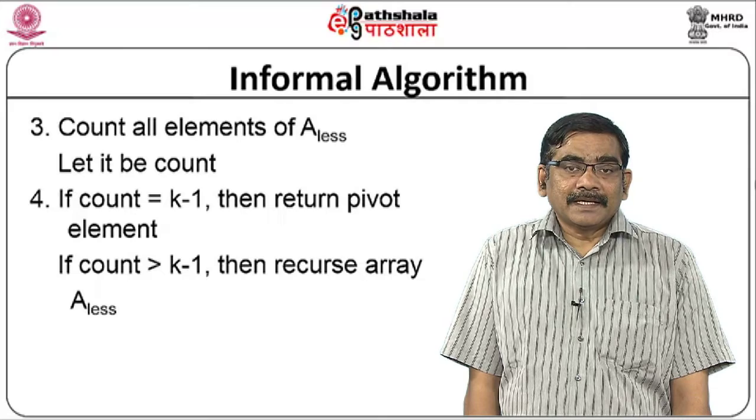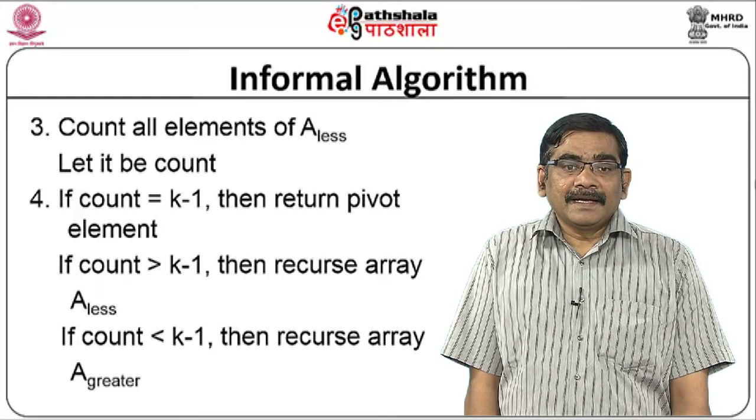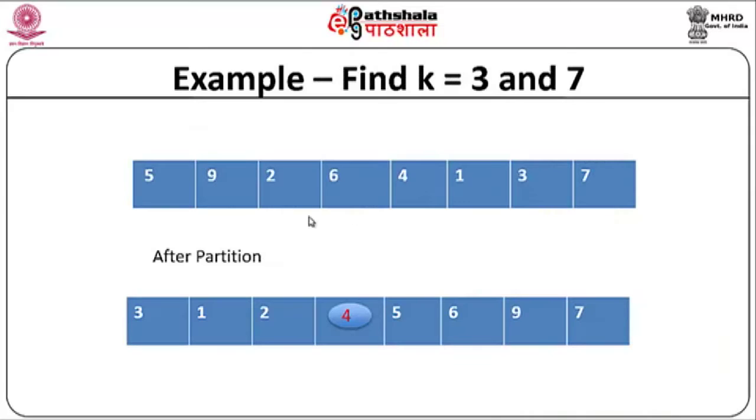It is going to be the kth smallest element. Otherwise, we recurse on array A less if count is greater than k minus 1. Otherwise, we recurse on the array A greater. So, this is the informal algorithm.